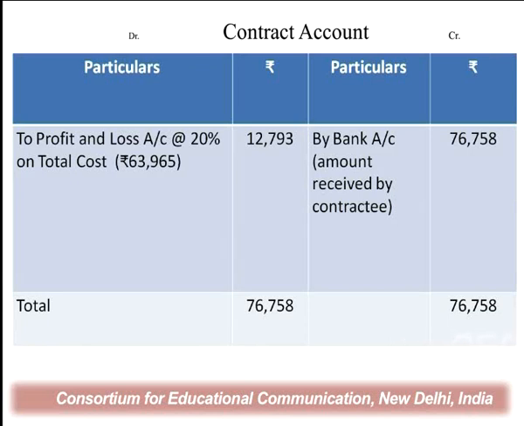So this is your total profit which will be added, and that is the contract price, which makes it 76,758, right? And the example says the whole of the contract amount has been received. So by bank account the amount received from the contractee is 76,758, right?